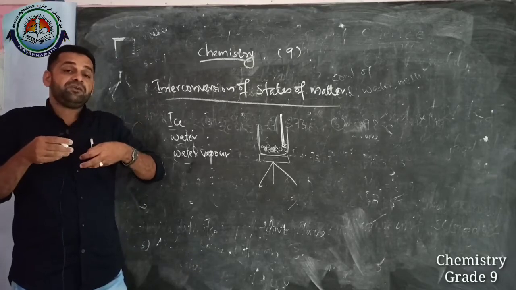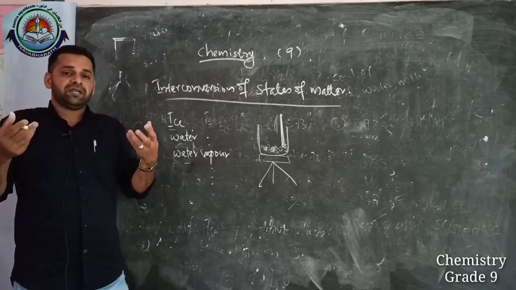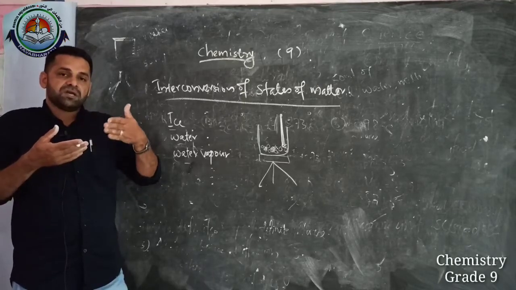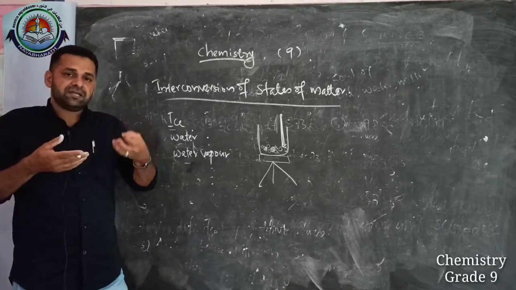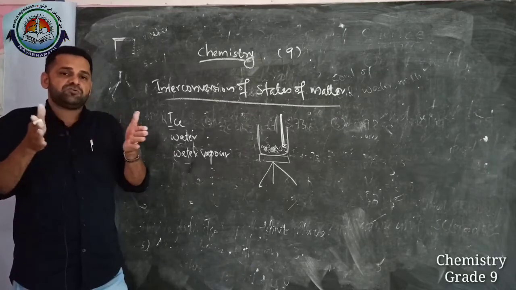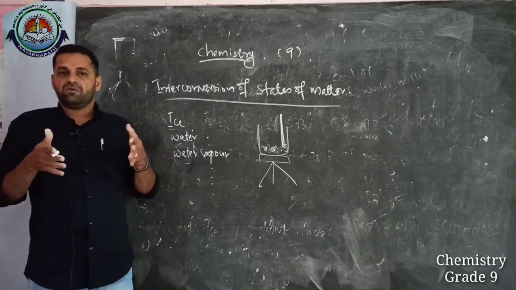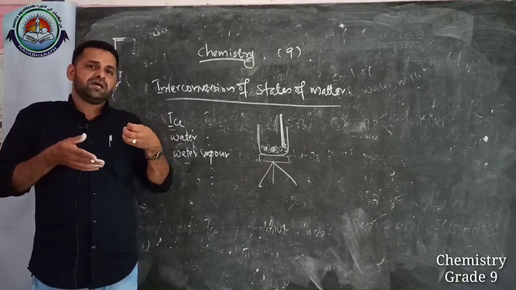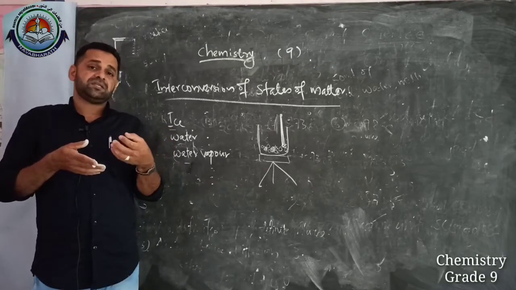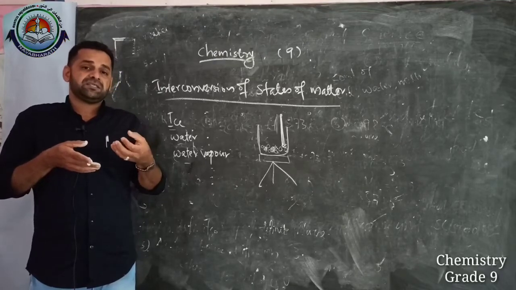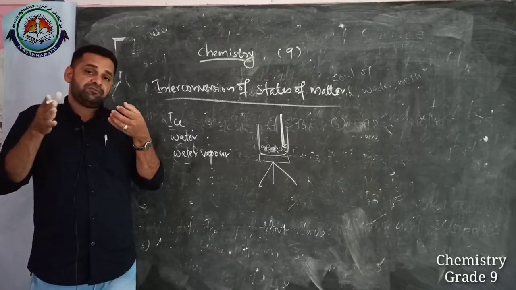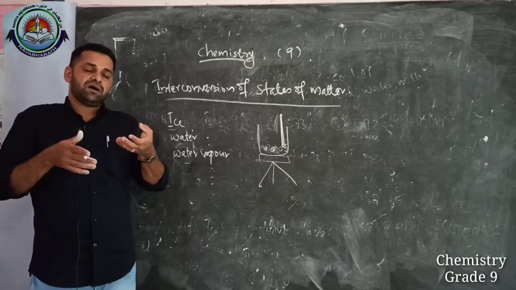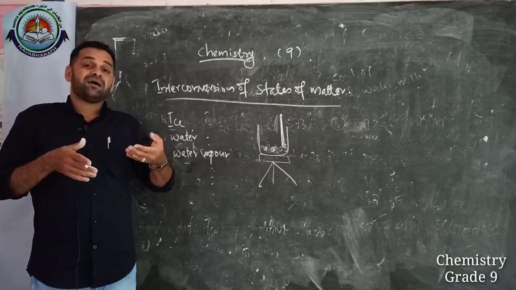When we heat, they get more kinetic energy. They will get enough energy to break the force of attraction between the particles. By absorbing the heat energy, the solid particles get enough kinetic energy to move, and at that time they will start melting.